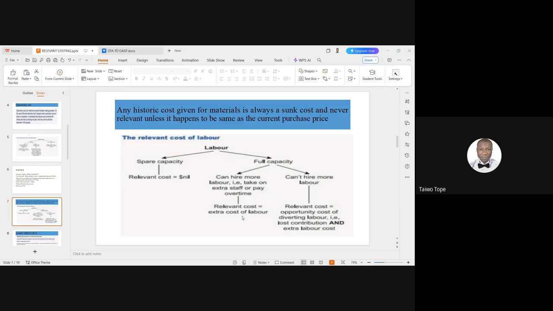Zero, unless overtime or extra cost is needed. Take note of that, please. So if workers are diverted from other work, the relevant cost is the opportunity cost of lost contribution.